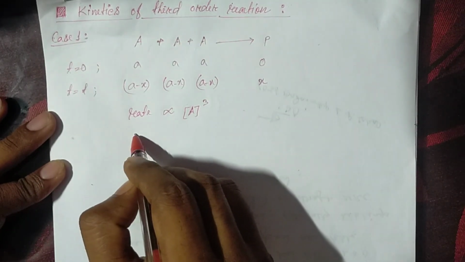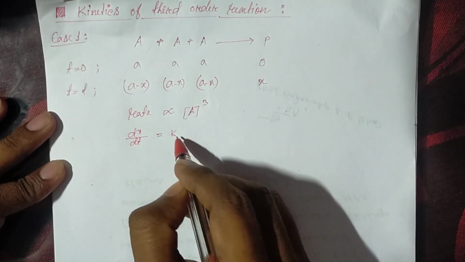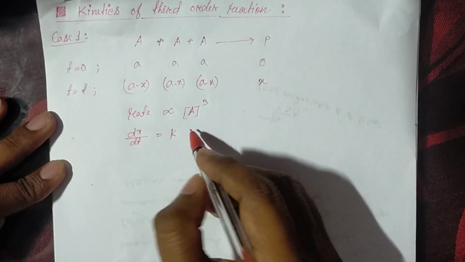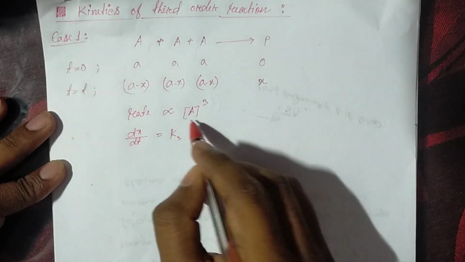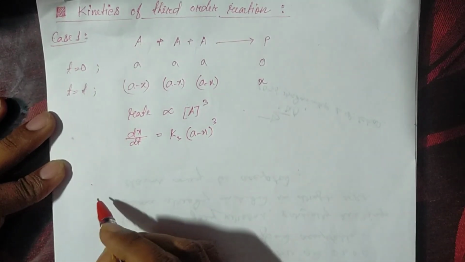So we can write dx by dt is equal to k3 into (a minus x) whole cube.